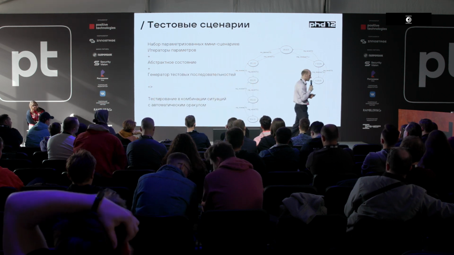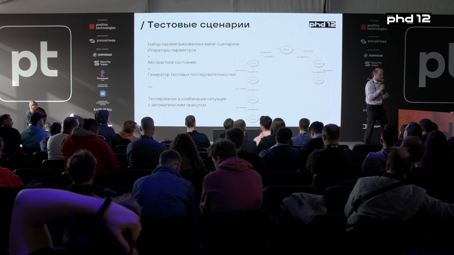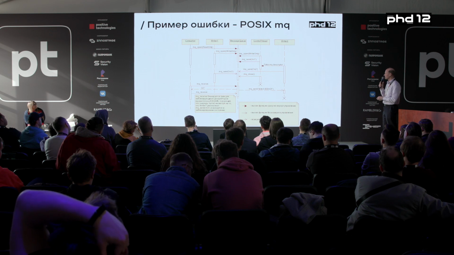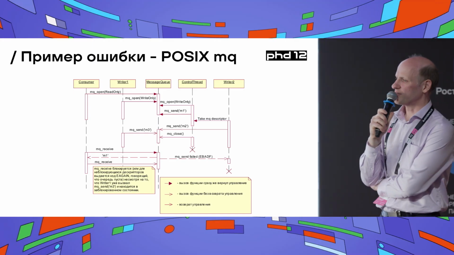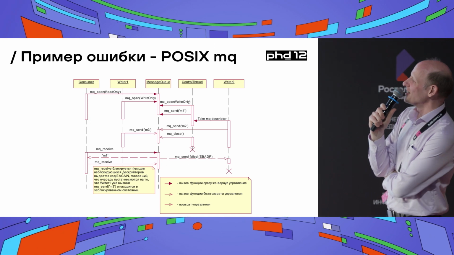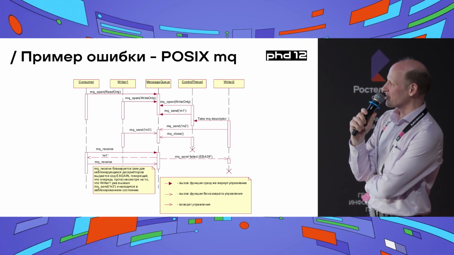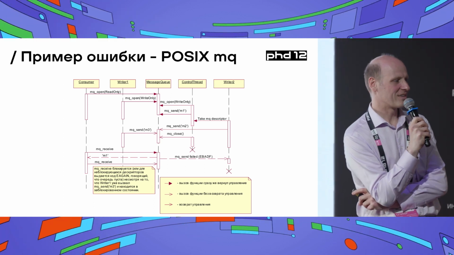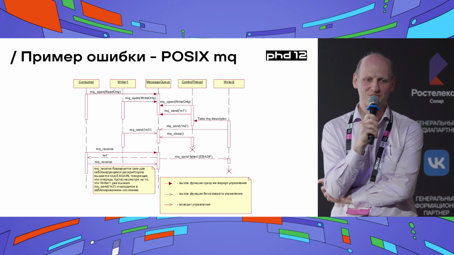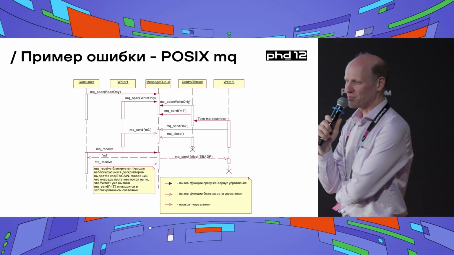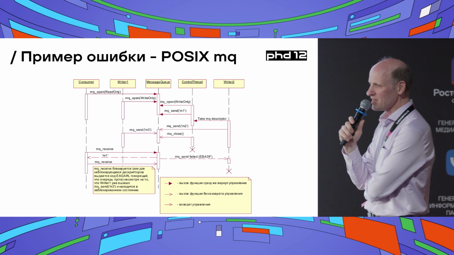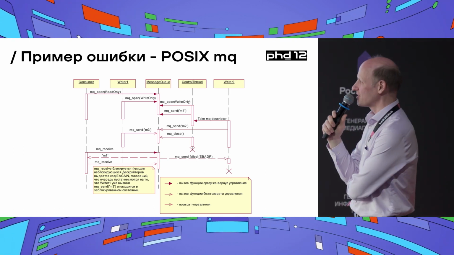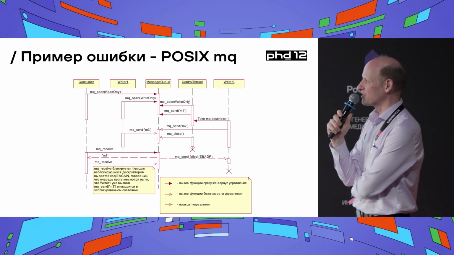To demonstrate that we have been able to find some non-trivial things, let me give you an example of a bug that we were able to find in the MQ system. It's one of the cases that would be difficult to find for a tester in a sound mind, so to say, but the automated tester was able to find it.